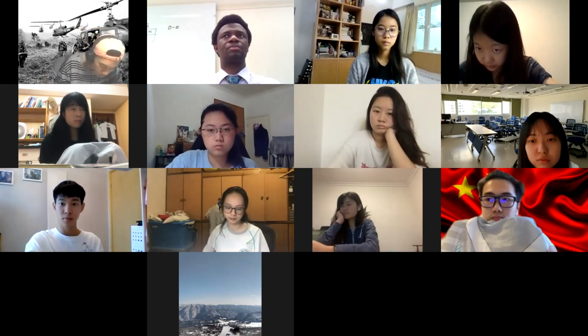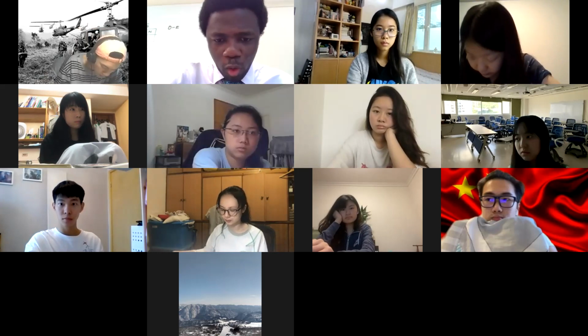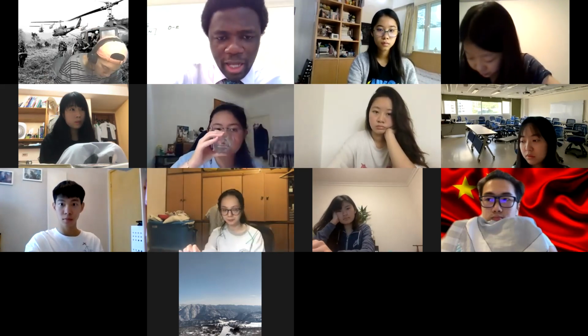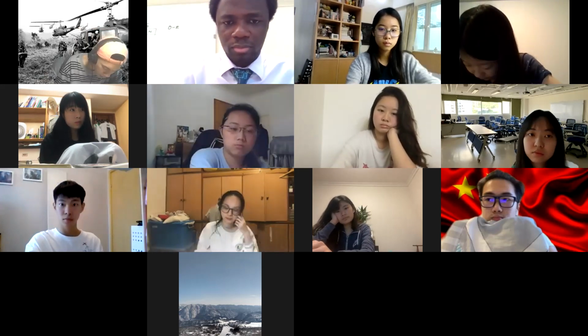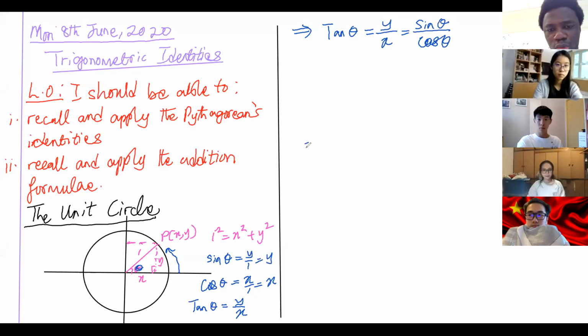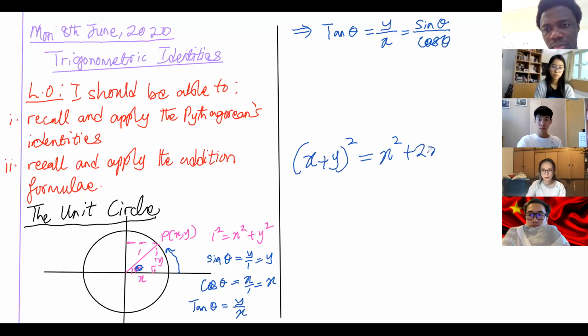For example, for all values of x and y, do you agree that this is true? You pick any x and y, you substitute here, they will always be equal. Then we can say this is an algebraic identity.